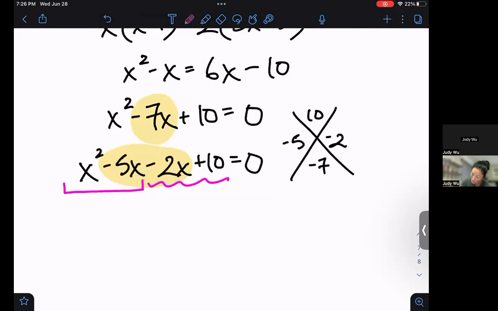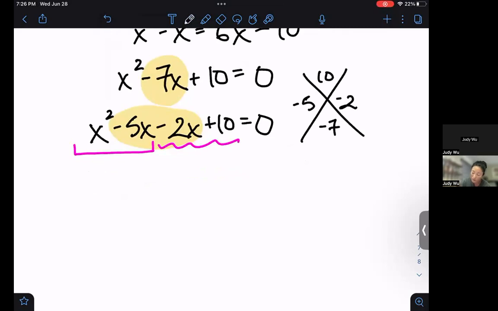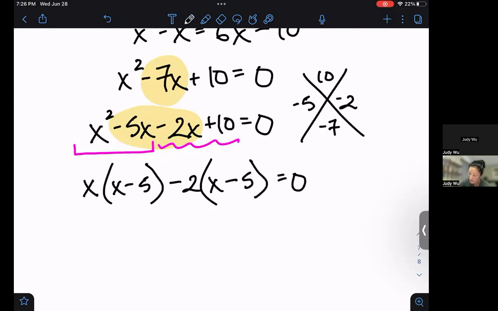and we find the greatest common factor. So the greatest common factor of x squared minus 5x is x, leaving us with x minus 5. But the greatest common factor for the second piece, that negative 2x plus 10, is actually negative 2. That leaves us with x minus 5, right?